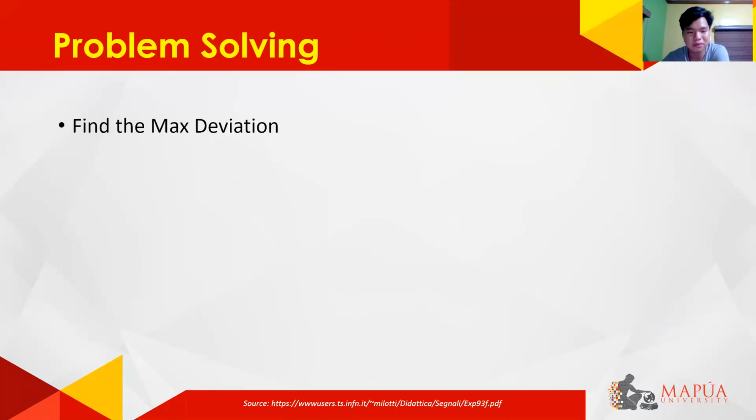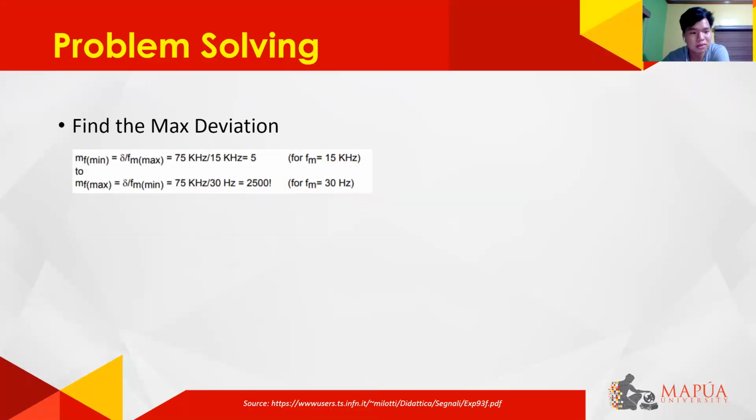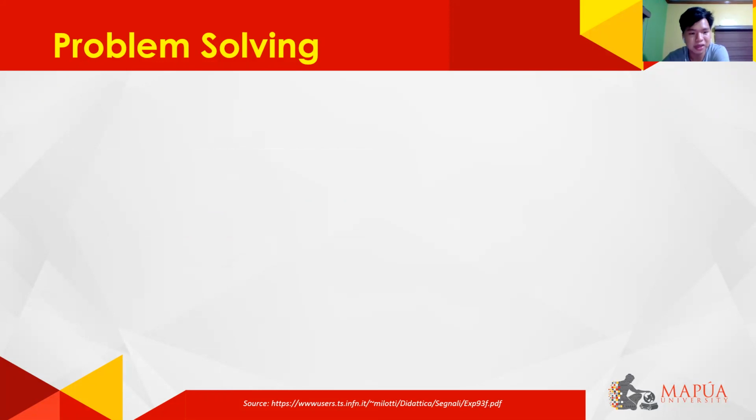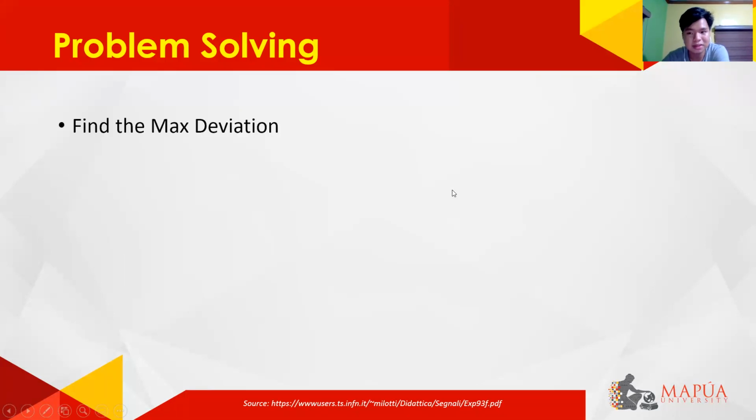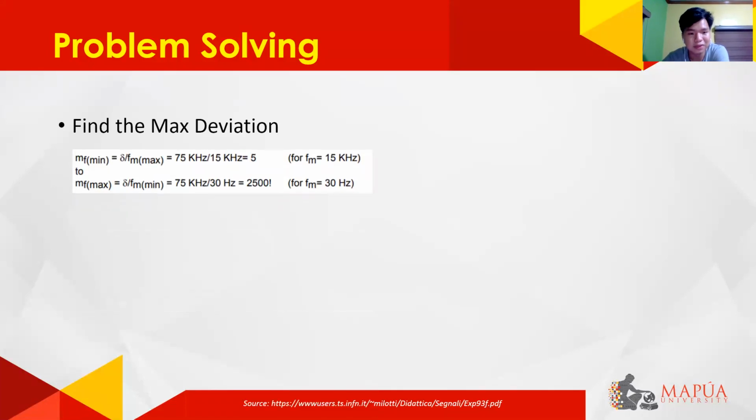So MF means we will be dividing the maximum deviation. The modulating frequency is 30 hertz to 15 kilohertz, so we will be dividing the 75 kilohertz over 15 kilohertz, which is the maximum range of the FM. So we will be having five. Both kilohertz will be cancelled, so this five is unitless.